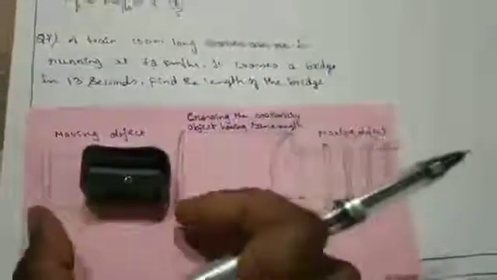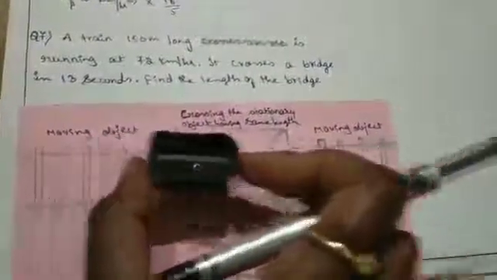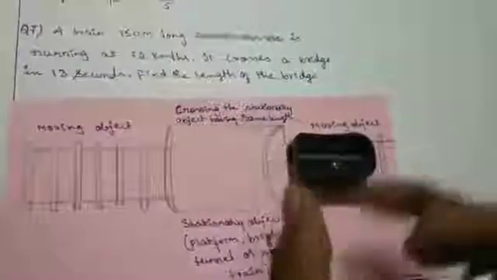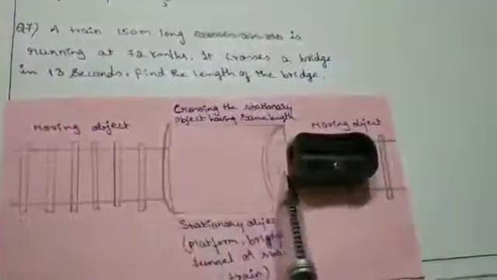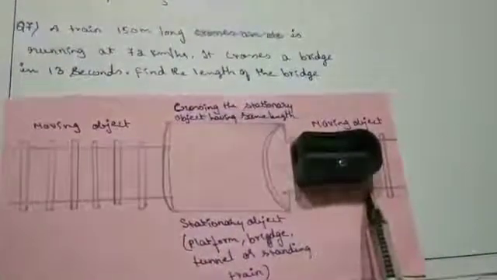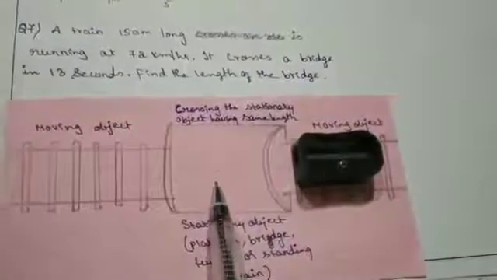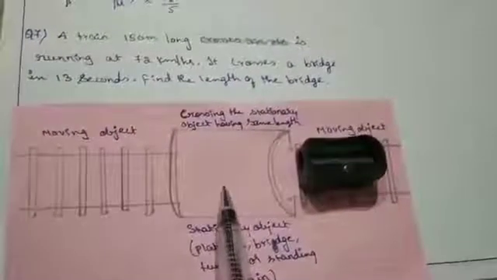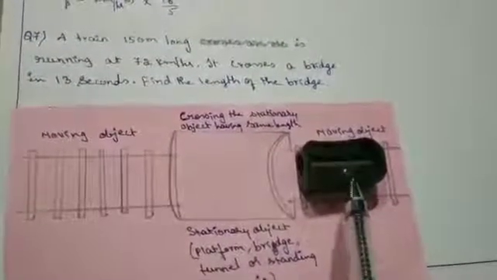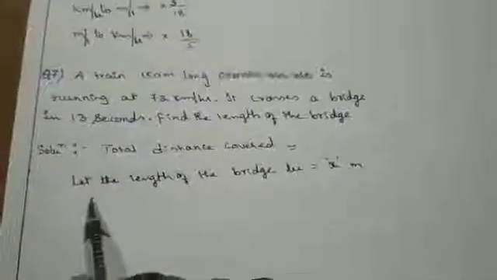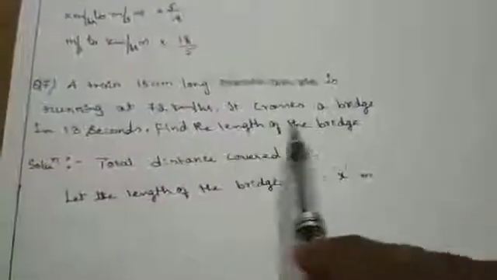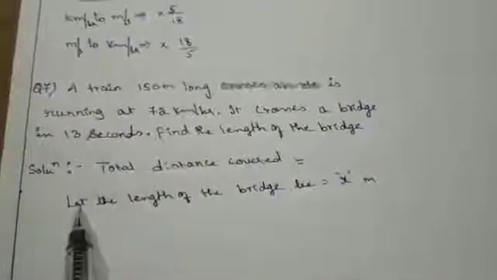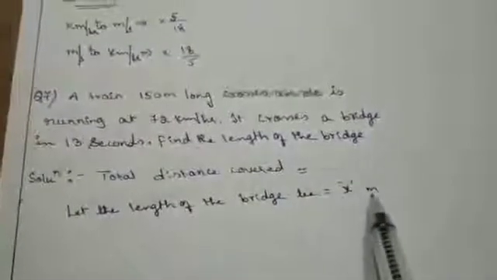So the train moves from one side to the other side. Means it covers this distance with this distance, right? Means we should add the length of a tunnel or the length of a bridge to the length of a train. So here the length of the bridge is what we are asked to find. So let the length of the bridge be x meter.